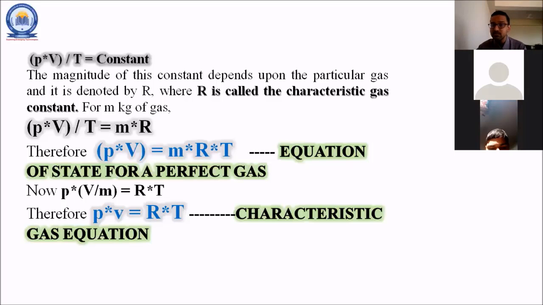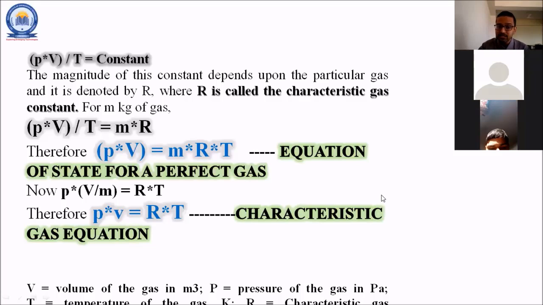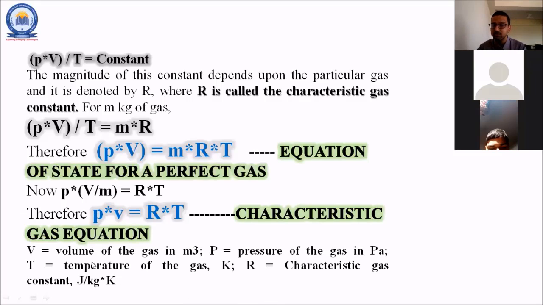And the new equation which we have got now is Pv is equal to capital R into T. This equation is known as the characteristic gas equation, where the notations are: v stands for the specific volume of the gas, already explained, in meter cube per kg. P is the pressure of the gas, we are considering it to be in Pascal or Newton per meter square.